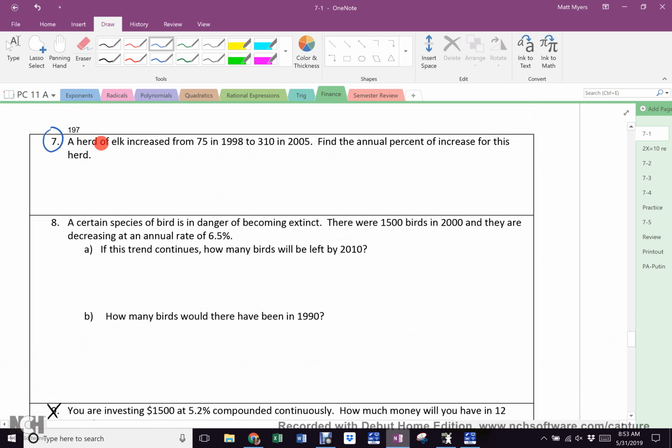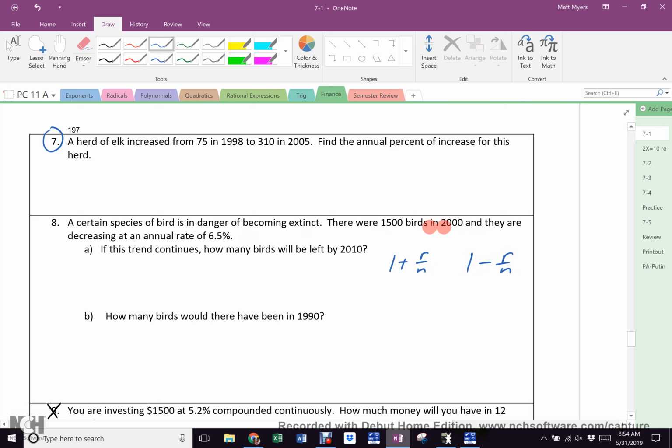All right. So now I want you all to try. You can check number 7 with your spreadsheet because you didn't need logs for that. Everybody should have done number 7. What's weird about number 8? It's decreasing. So is it 1 plus r over n? It's 1 minus r over n.